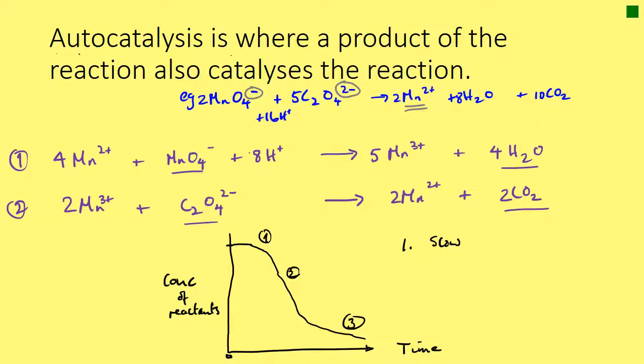So we've got 3 phases, 1, 2 and 3. Phase number 1 is the slow start because it's uncatalyzed. And we've got the fast middle because a catalyst has been produced in the early reactions.